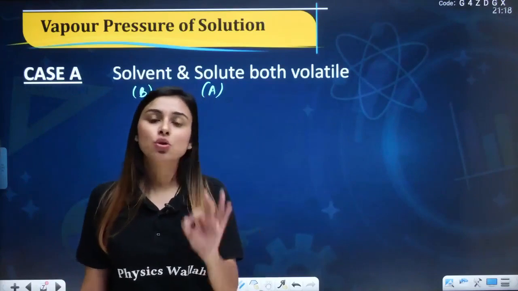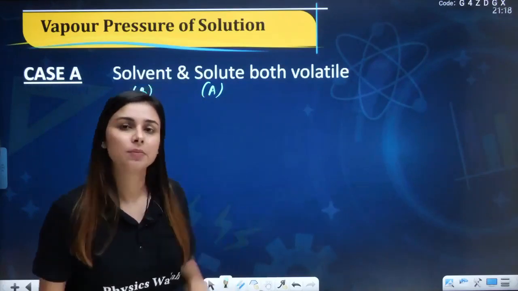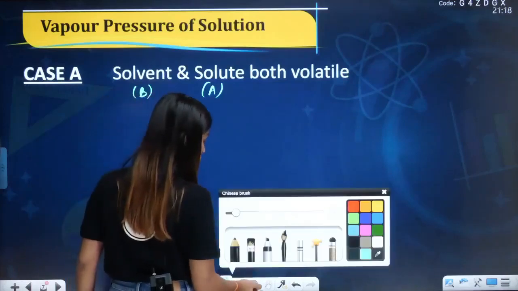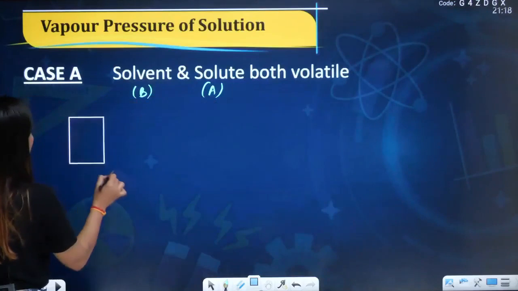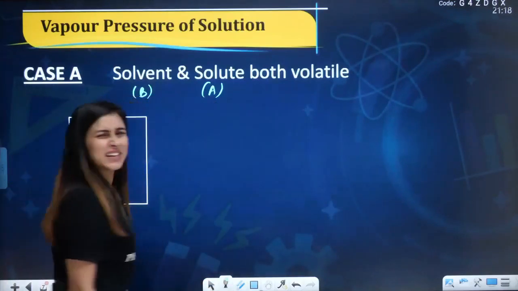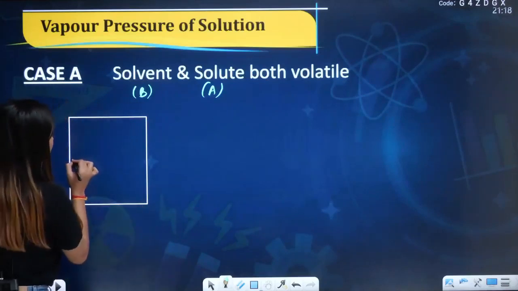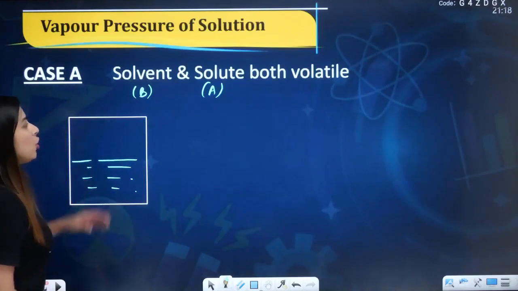Now you have a mixture of these two, solute and solvent, A and B. So let's first draw a container. So you have a container like this. You just have to understand, it is very easy, my dear students. Imagine you have this mixture of solvent and solute.